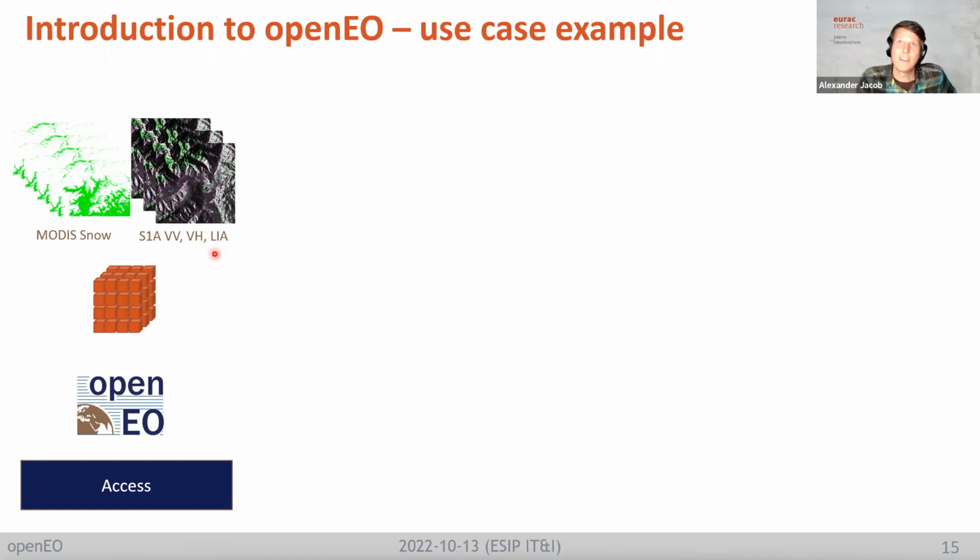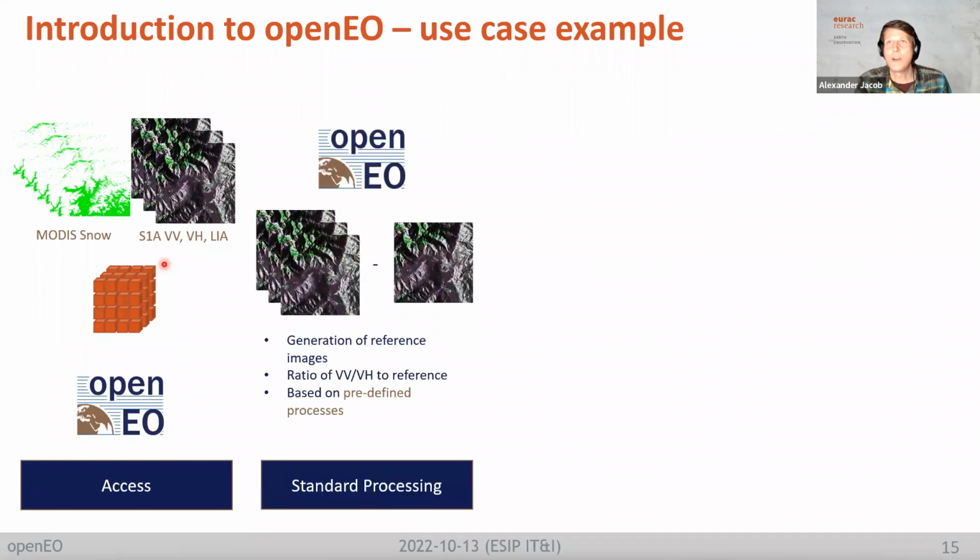First thing that openEO can do for us is access these data sets, in this case a collection of Sentinel-1 SAR data intensities, and then we had derived from MODIS also snow cover maps. Then we can use functions like merge cubes to bring them into the same gridding that we want, and then continue to work on these.